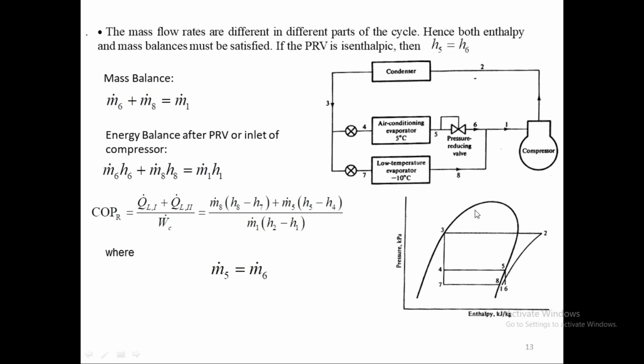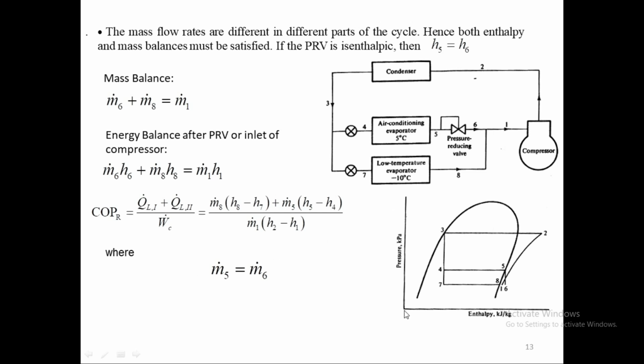M dot 8 times H8 minus H7 is the refrigerating effect produced by this low temperature evaporator, plus M dot 5 times H5 minus H4, which will be the refrigeration produced by this evaporator, divided by the work required by the compressor, which is m dot times H2 minus H1. And m dot 5 is equal to m dot 6.